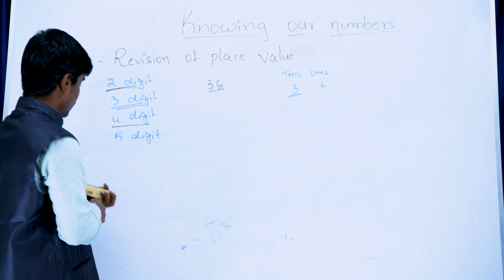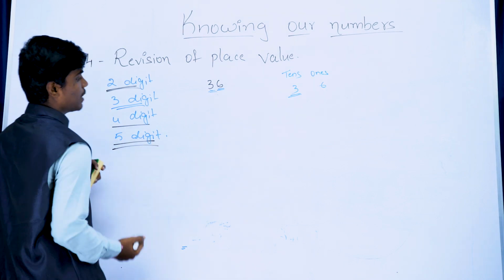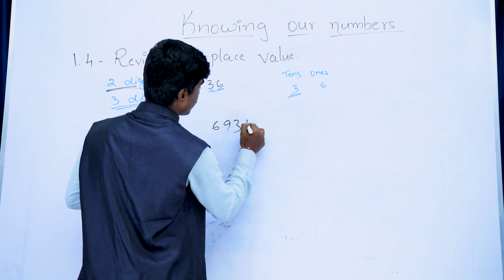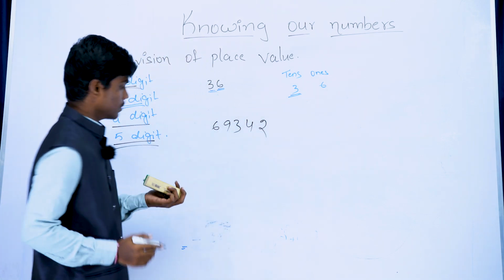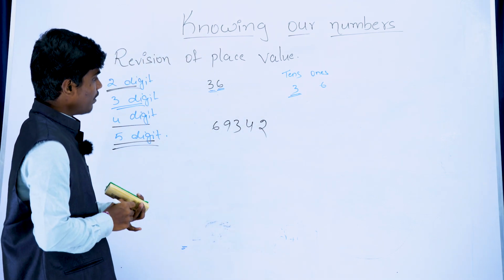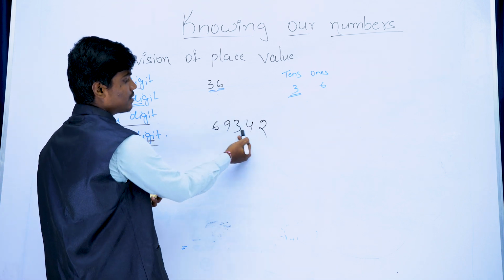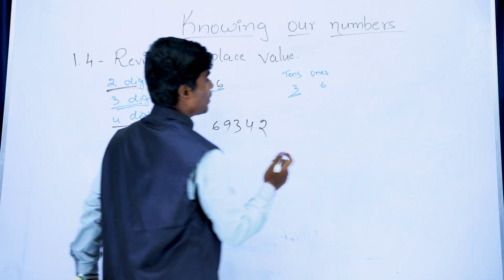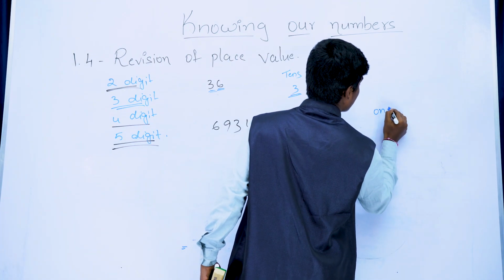Now let's take a 5-digit number, 69,342. Here we have ones, tens, hundreds, thousands and 10,000s. So we will write the place values.